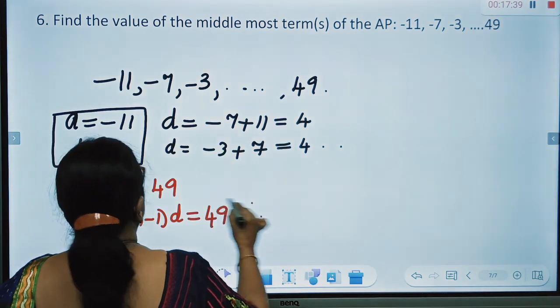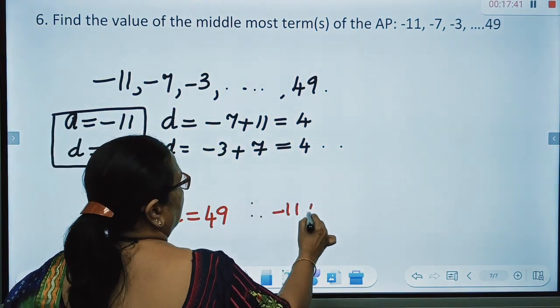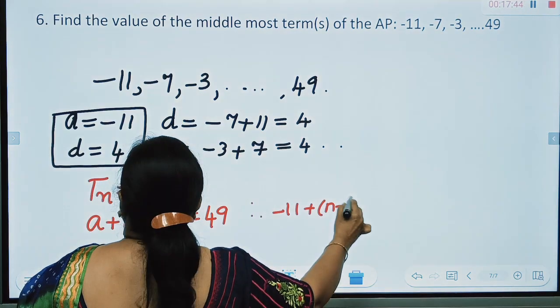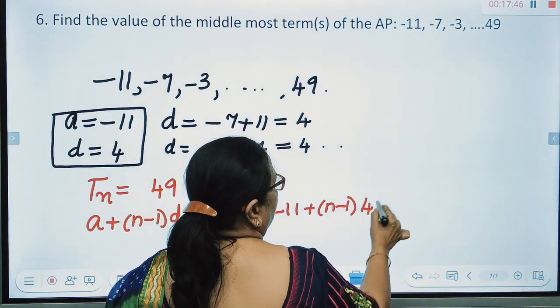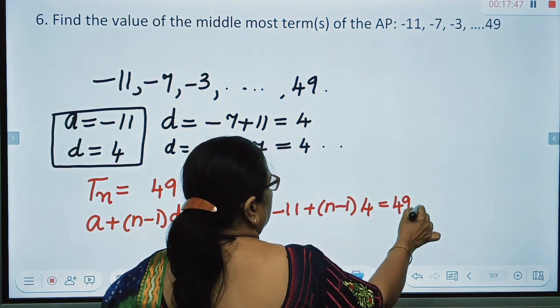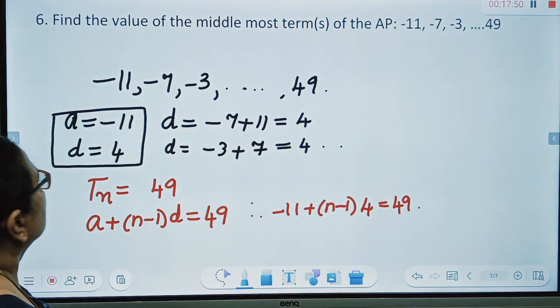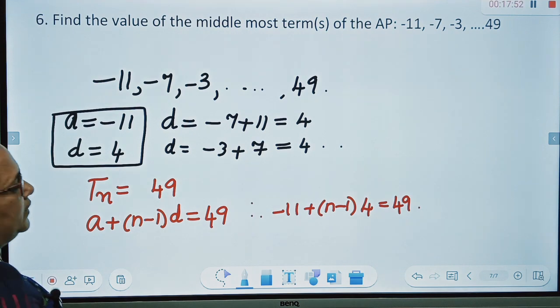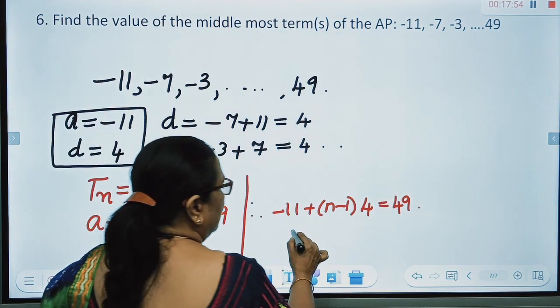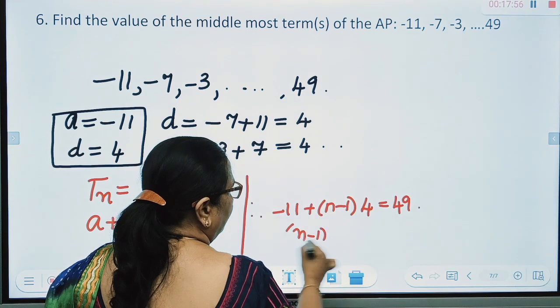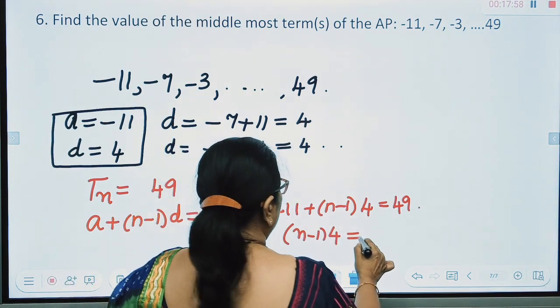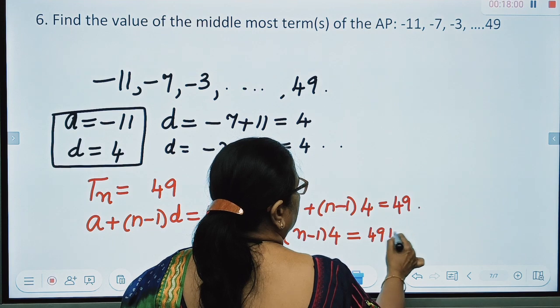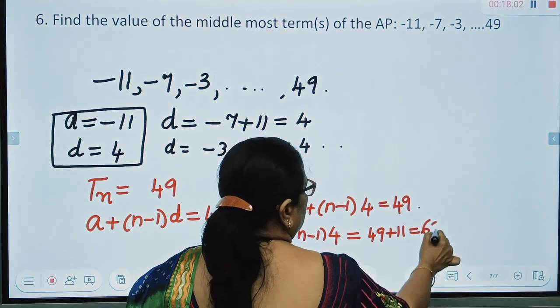Therefore, minus 11 plus n minus 1 into 4 equal to 49. Right? So, n minus 1 into 4 will be 49 plus 11, which is 60.